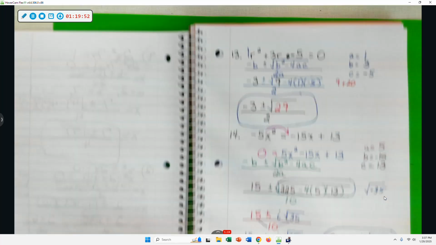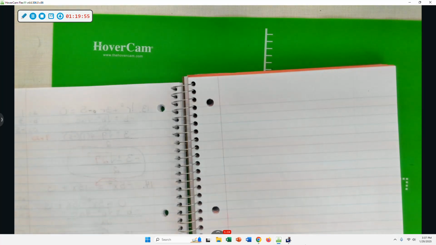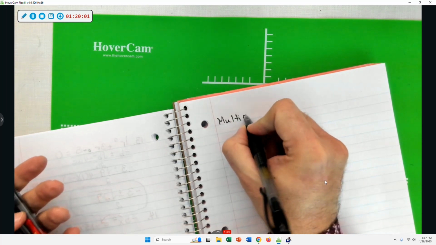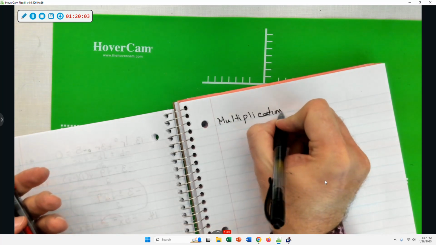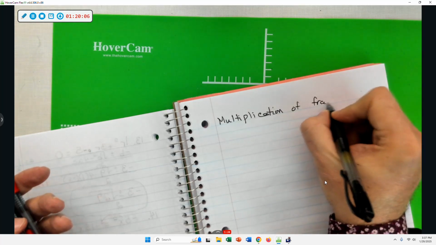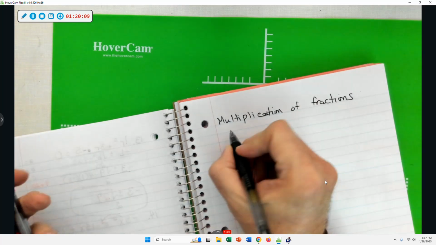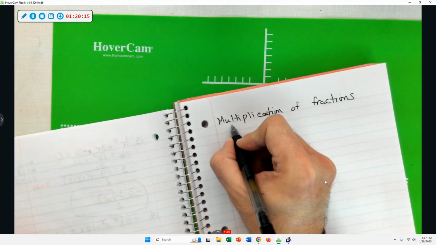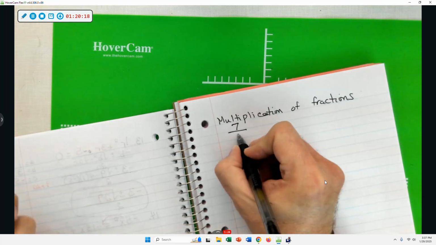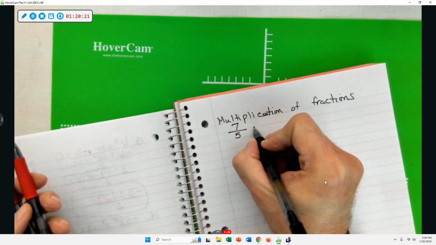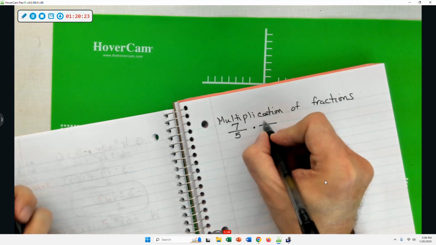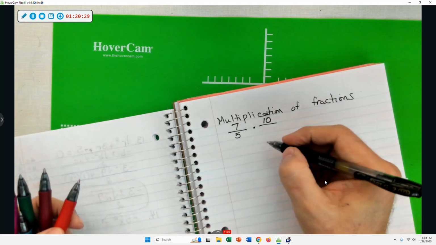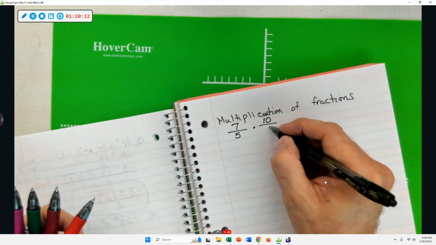Okay. Now, before we do 15, I just want to review multiplication of fractions. Suppose we had something like this: 7 over 5 times 10 over 9.